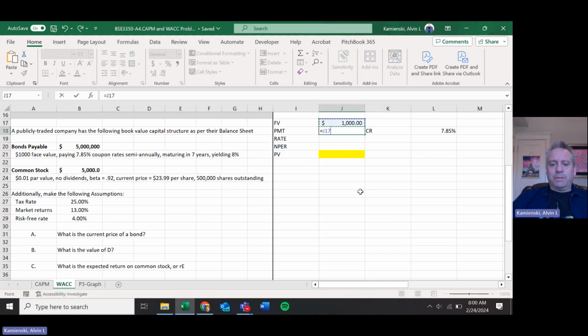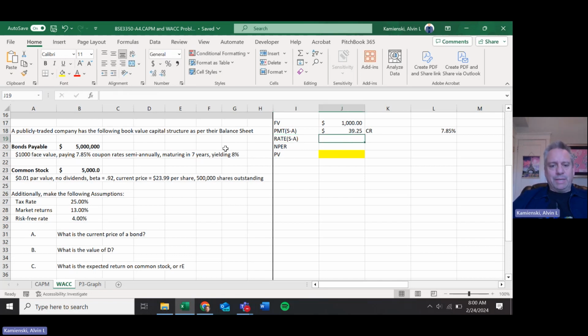So our payment is going to be future value or par value multiplied by the coupon rate, which gives us a $78.50, and that's what we get per year, but we need that to be semi-annual. We're going to have to take that and divide it by 2 so that we know now that our bonds actually pay $39.25, which then tells me my rate also needs to be semi-annual.